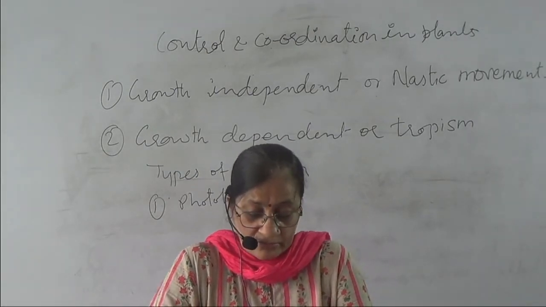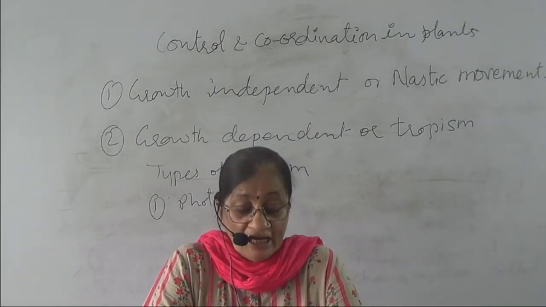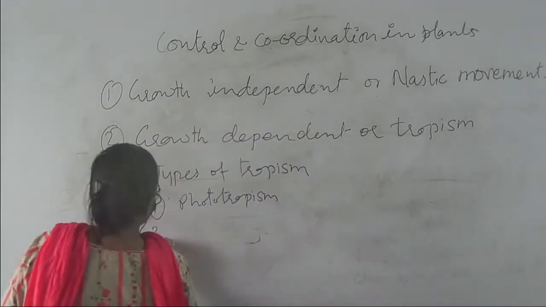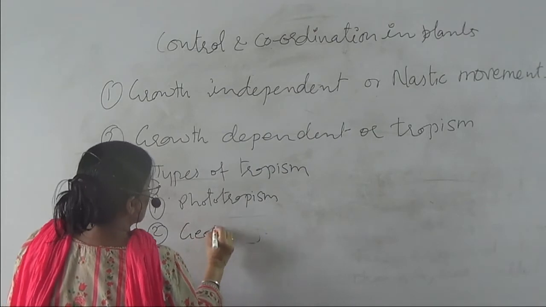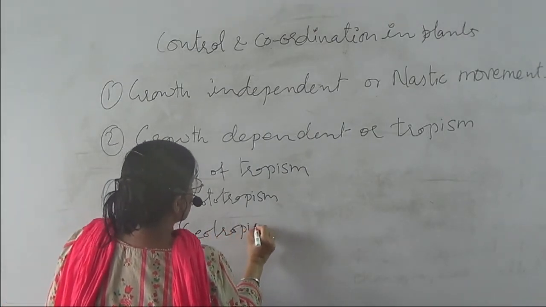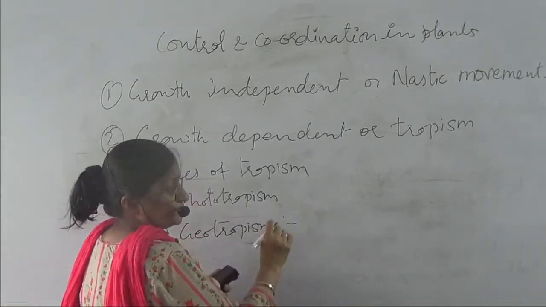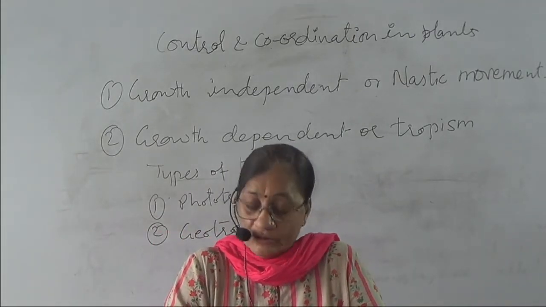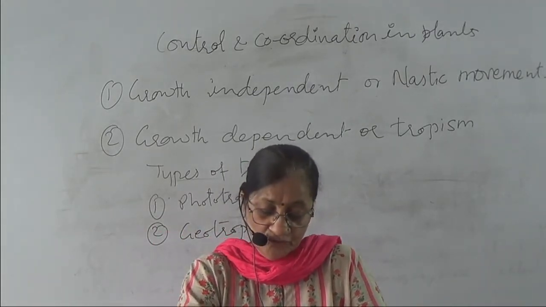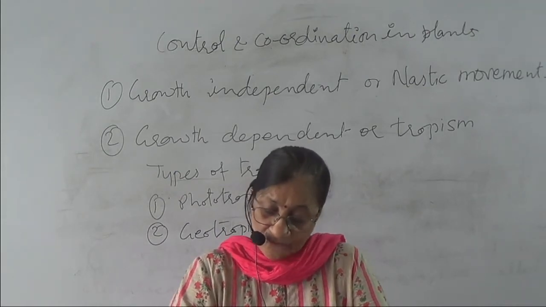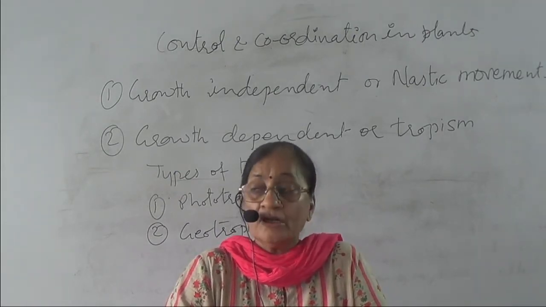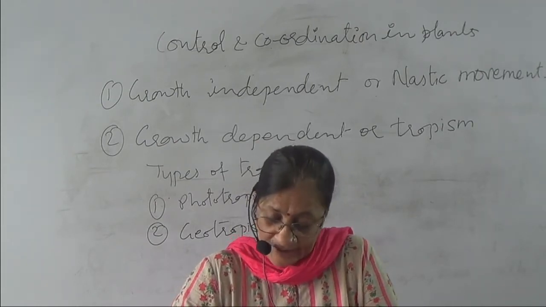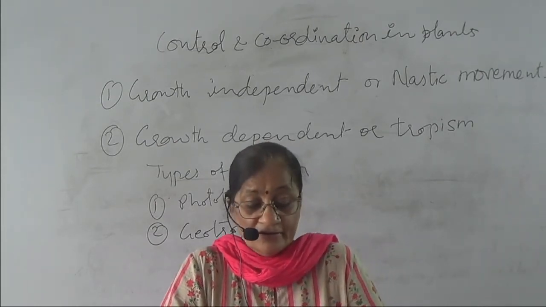Now, second type of tropism is geotropism. Geotropism. So, geo mean gravity. As we know, gravity refer to the force with which the earth pulls all things towards it, so it act in downward direction.